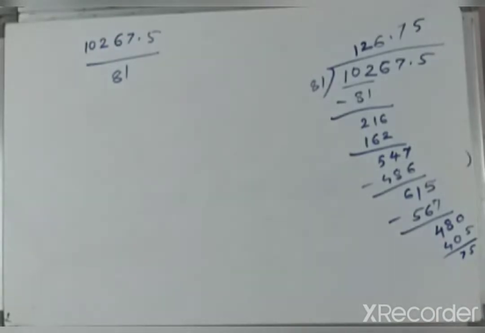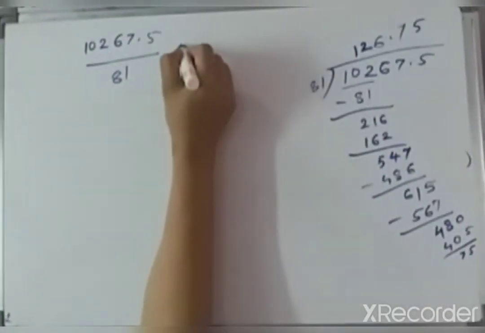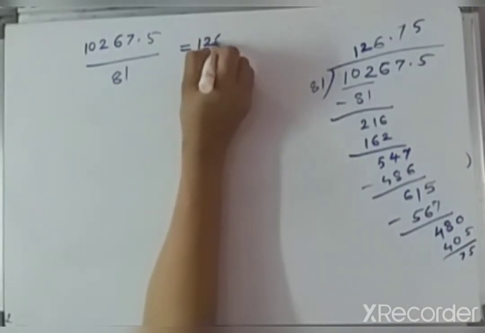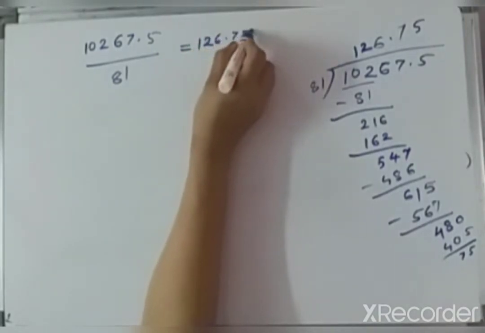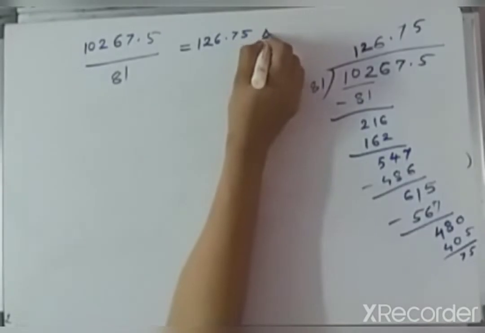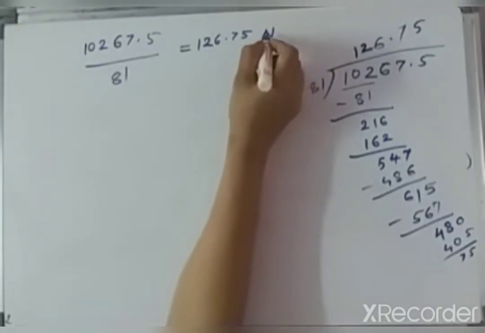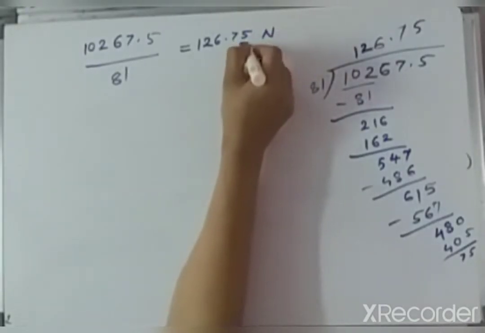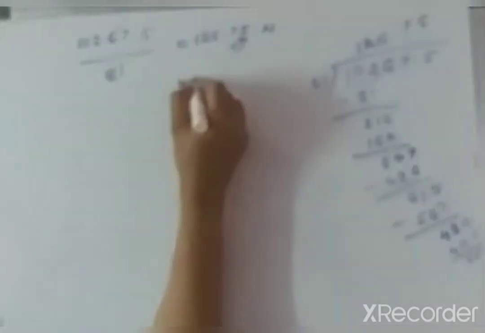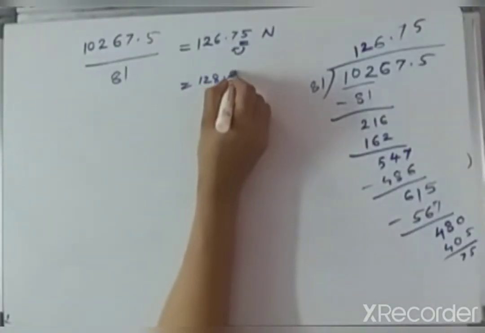And it will go on. We will take only up to 2 digits. It will be 126.75. This is in newtons. If you do the rounding, this will become 8. So 126.8 newtons.